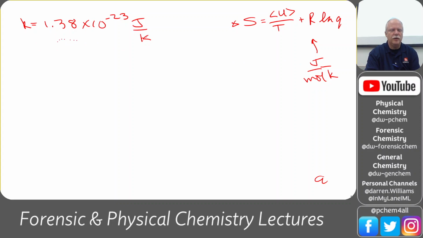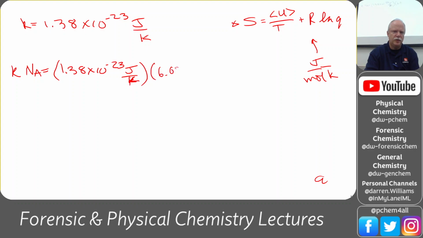I don't know if y'all saw me do this before, but if I take Boltzmann's constant, 1.38 times 10 to the negative 23, and multiply by Avogadro's number, which is 6.022 times 10 to the 23rd per mole, I should get joules per mole Kelvin.